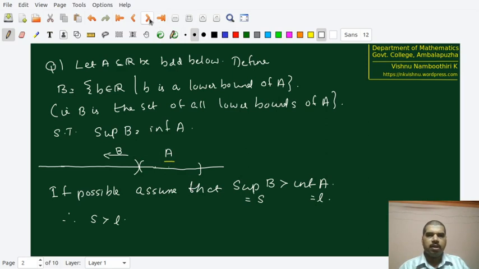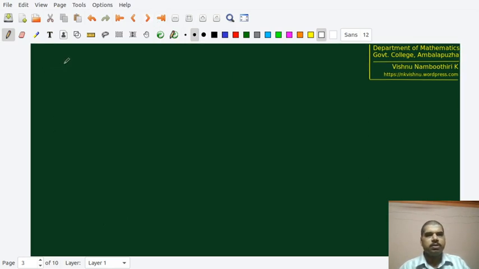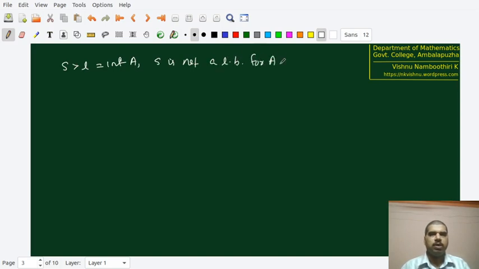Since S is greater than L, which is equal to infimum of A, S is not a lower bound for A. So S is not a lower bound, it means that there exists a in capital A such that a is less than S. So a is somewhere here and S is somewhere here, and the midpoint (a plus S)/2 is somewhere here.